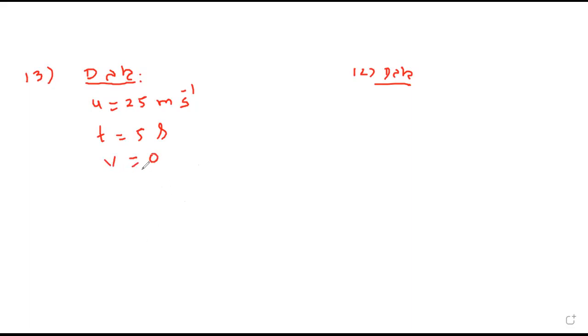It comes to rest. See, again very important. u is 25. It travels for 5 seconds. After 5 seconds, brake is applied. Can you read? The brakes are then applied. After what time are brakes applied?